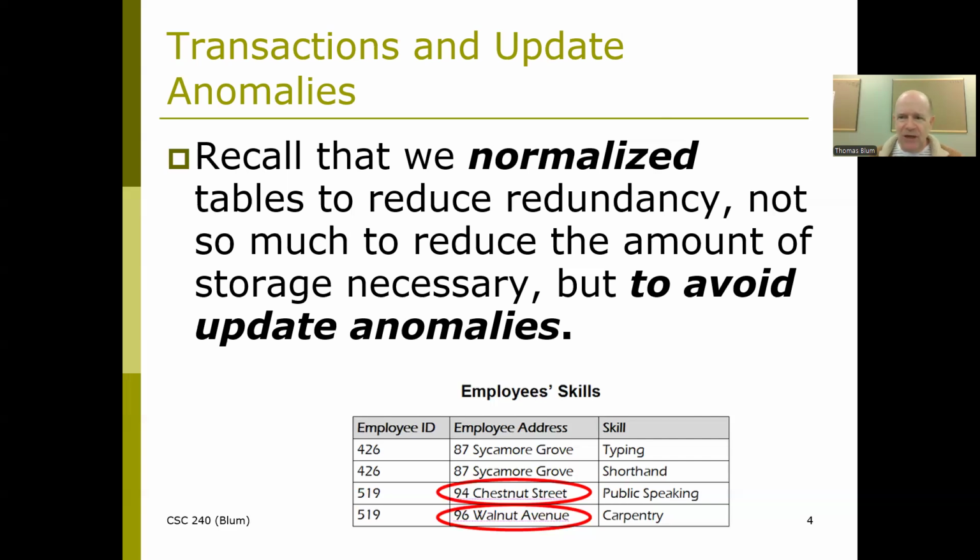So if the employee has some address and different departments across the enterprise may need that address at some point, then without the normalization, without the reduction in redundancy, that address will be in several locations. And then if the person moves, one of those addresses may change and the other one may not. So that's one of the reasons for normalizing.